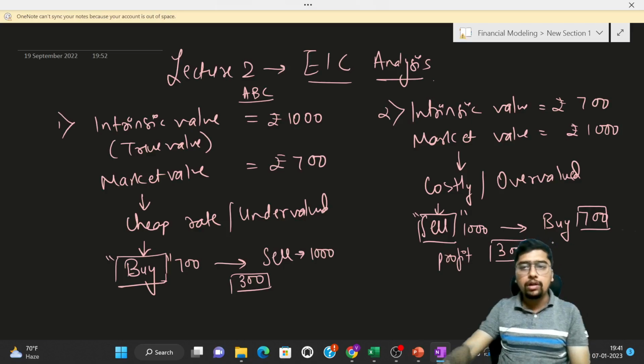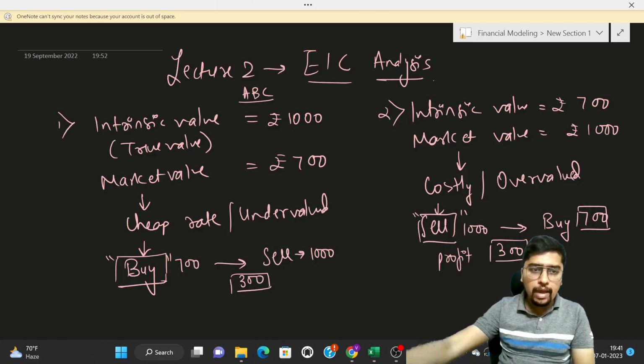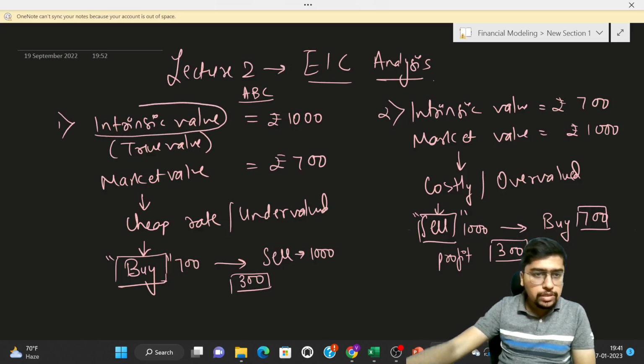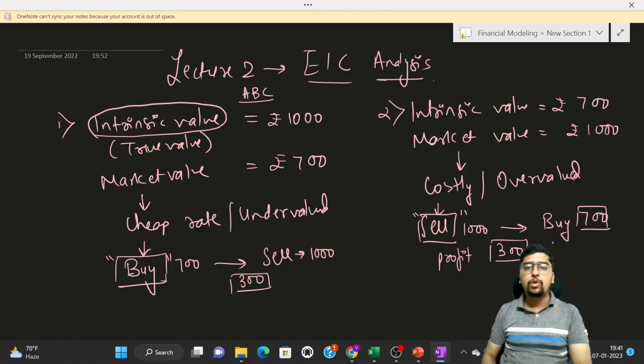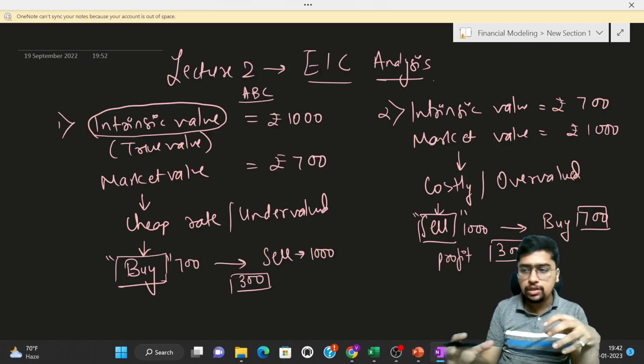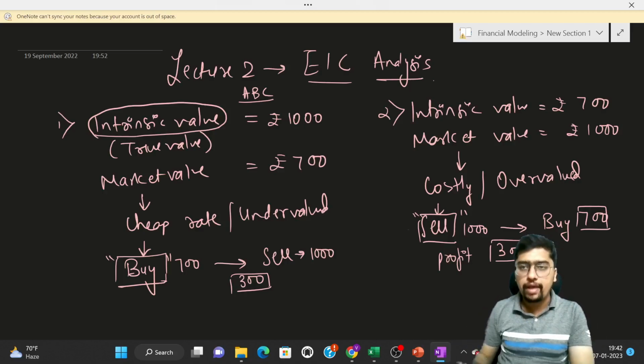So, for doing all this, market value is available in the market. The biggest question is how to get to this intrinsic value. The entire financial modeling, the valuation, is based on this intrinsic value.